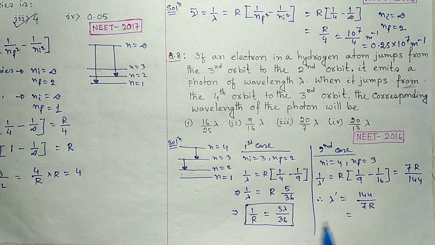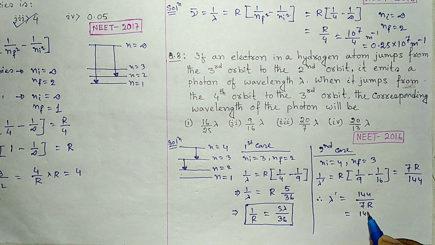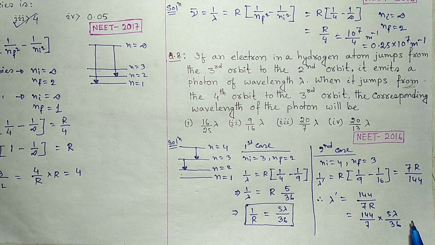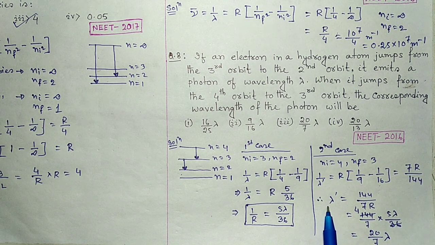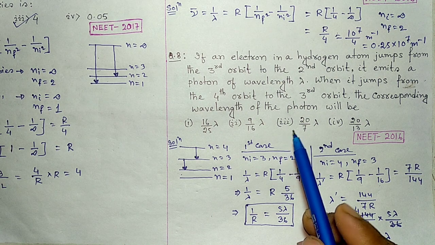Now we already found out 1 by R is 5 lambda by 36. Now putting the value here, 144 by 7 into 5 lambda by 36. Now 36 goes 4 times, so it is equals to 20 divided by 7 lambda. So lambda dash is found out to be 20 lambda by 7. Option 3 is the right answer, 20 by 7 lambda.